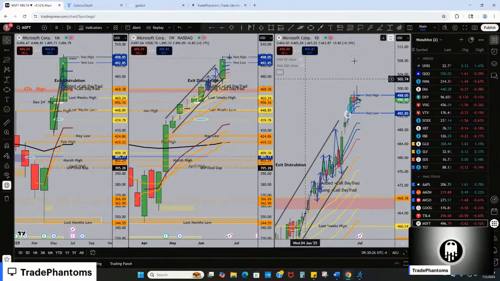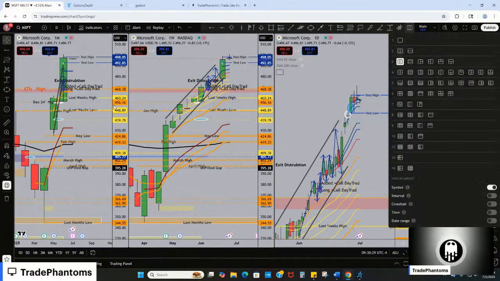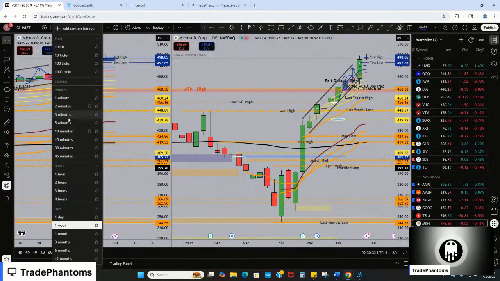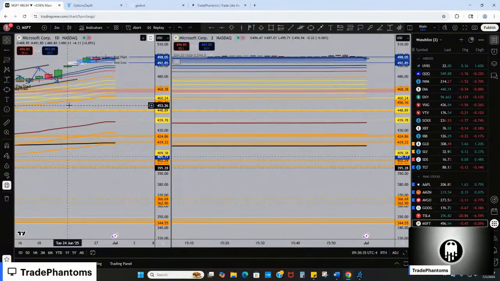Switch this over here. Put a daily on the left and the 2 on the right. Switch my screen. Let's see.